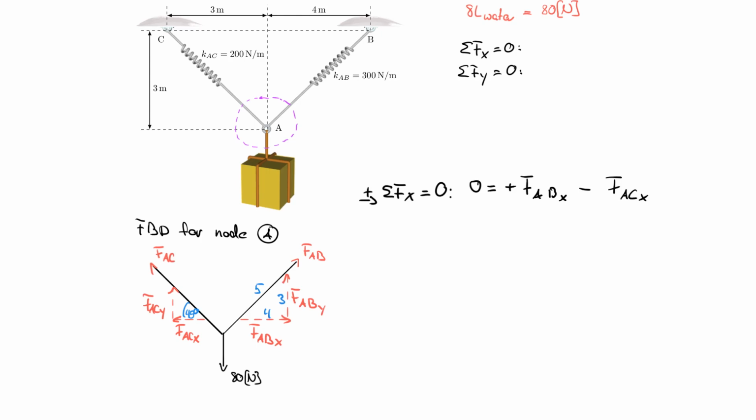And similarly, in the y direction, I have 0 being equal to plus FABY plus FACY minus 80 Newton. And once again, this is very similar to what we talked about before.